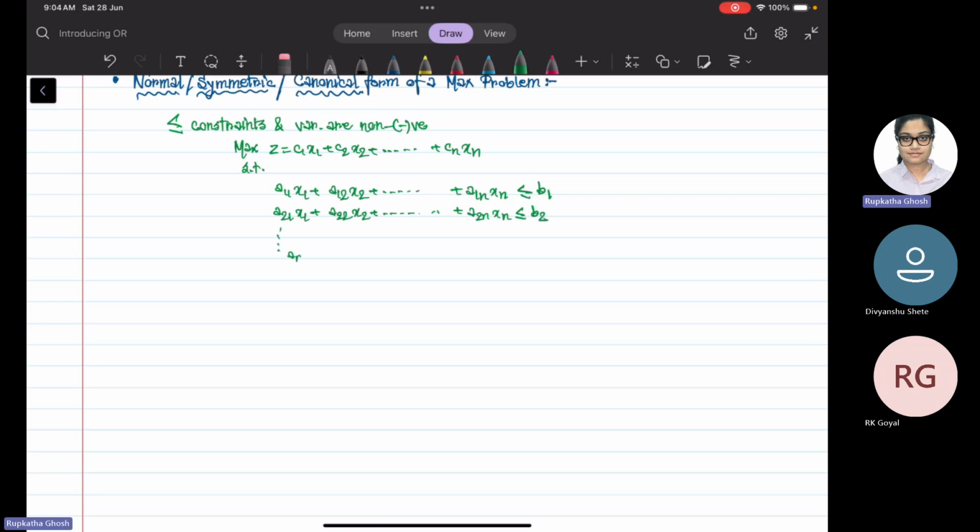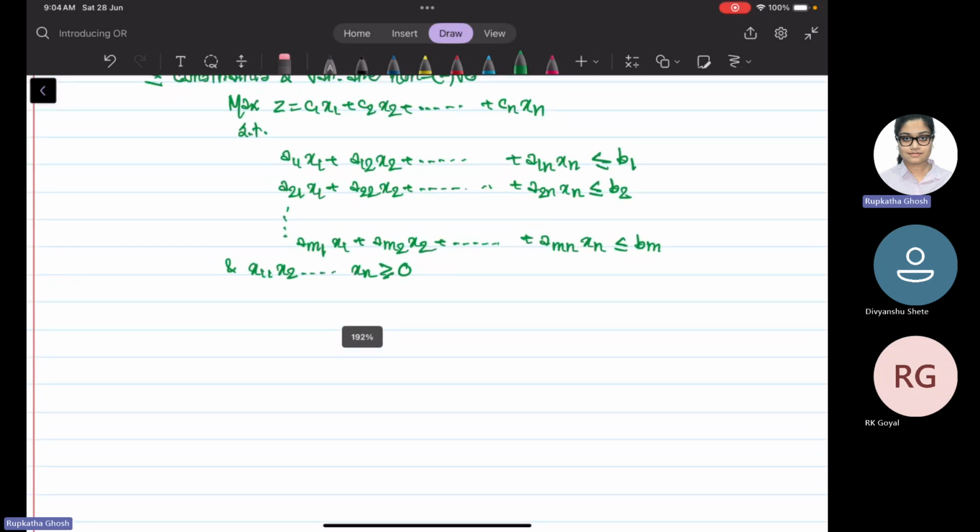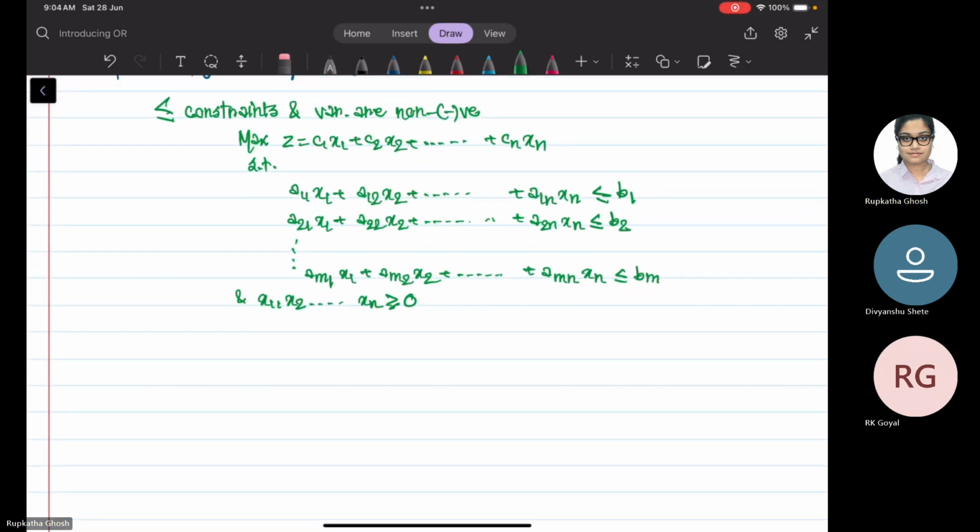And let's say you have m constraints, so am1 x1 plus am2 x2, till amn xn less than equal to bm, and x1, x2, xn are all greater than equal to 0. Then this is your general normal, or canonical, or symmetric maximization problem.